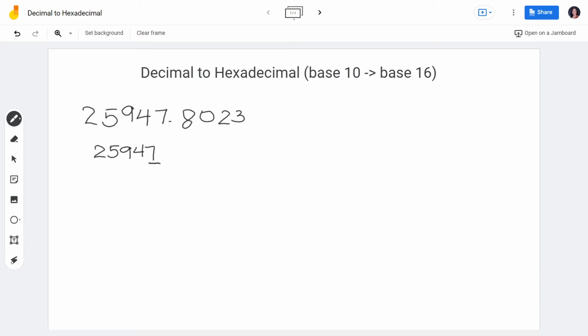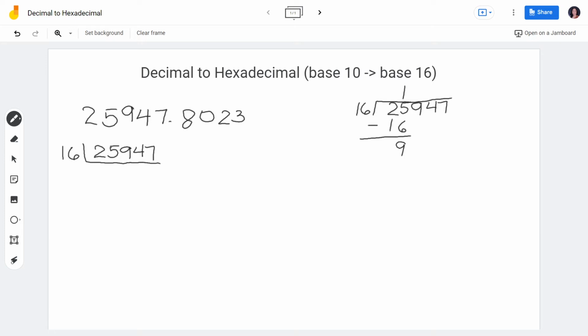25947 divided by 16. 25 divided by 16 is 1. 1 times 16 is 16. 25 minus 16 is 9.